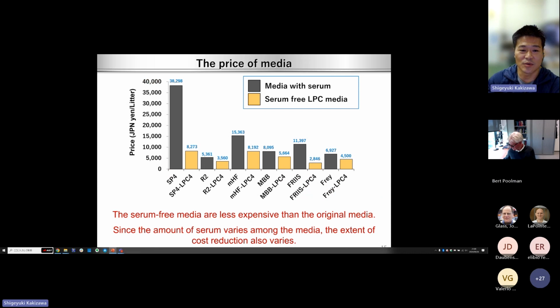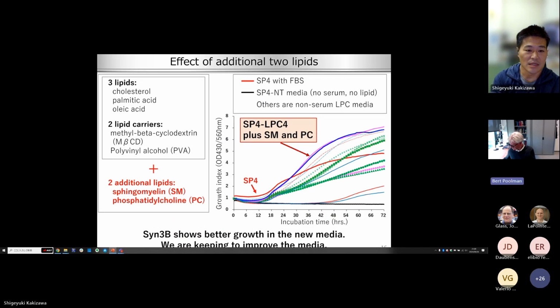And lastly, here is the price of media. Especially in SP4, the content of FBS is higher than in other media and it is really expensive. So our new media is less expensive than the original media. Recently, we found that 2 additional lipids are really good for cultivation of Syn3.